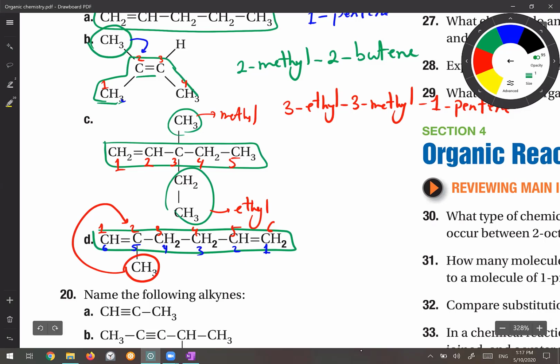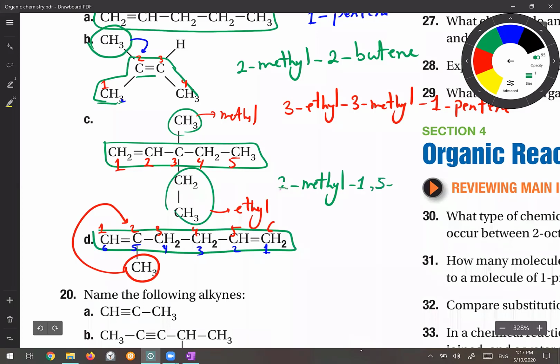Okay, so let's name it. First, you have to mention the position of the branch. You have methyl on the second position. So you have 2 methyl. And then you have to name the parent. It has 2 double bonds on the first and 5th position.